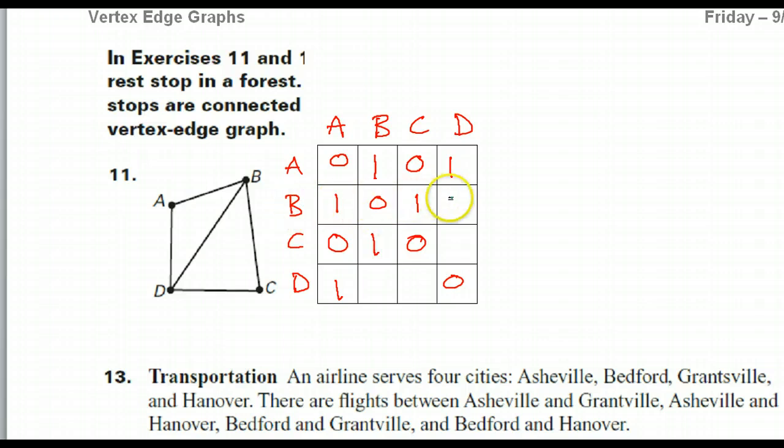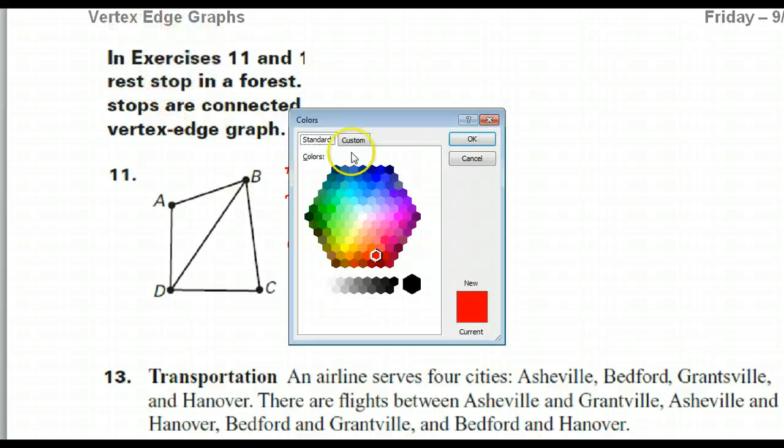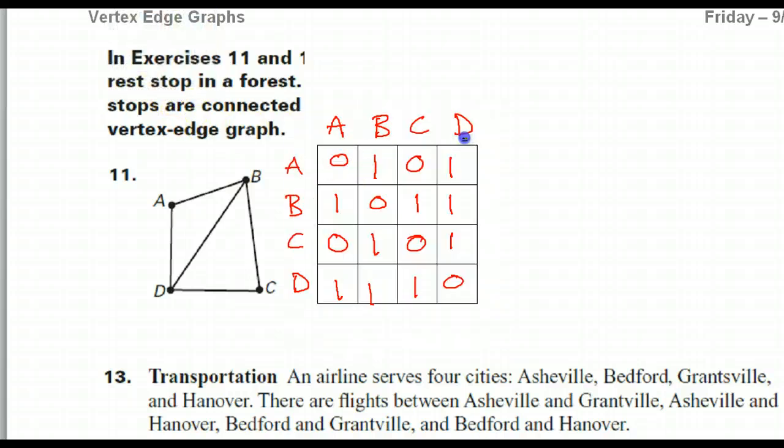What about B and D? Yes, there is a trail between B and D. That means between D and B, there's the same trail. What about between C and D? Yeah, there's a trail between C and D, which means there's also a trail between D and C. Okay, go ahead and put a bracket around your matrix to show that it is a matrix like this.